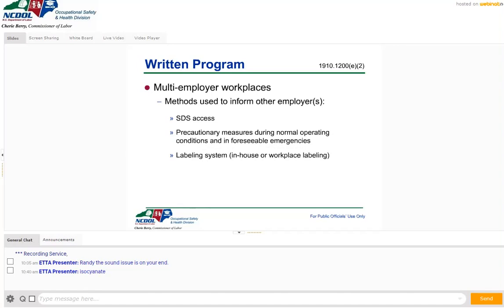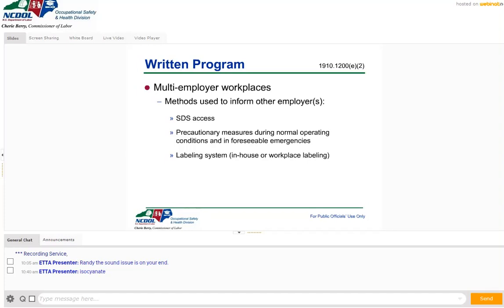Okay, multi-employer work sites. So you always want to make sure that people have ways to access the safety data sheets and how to operate in emergencies.